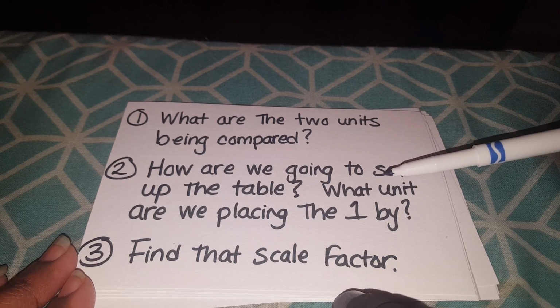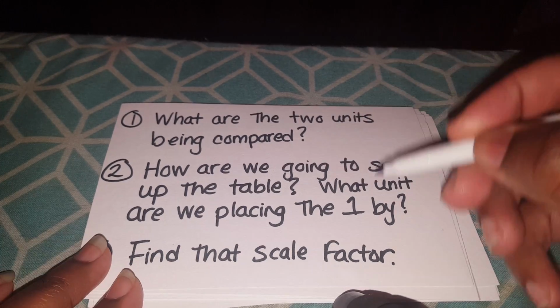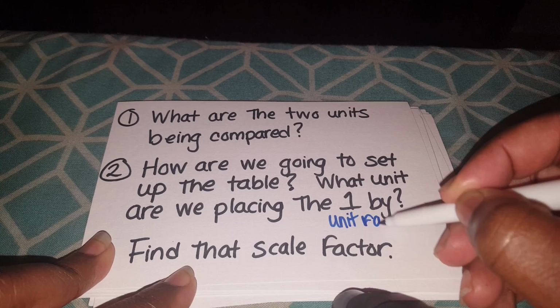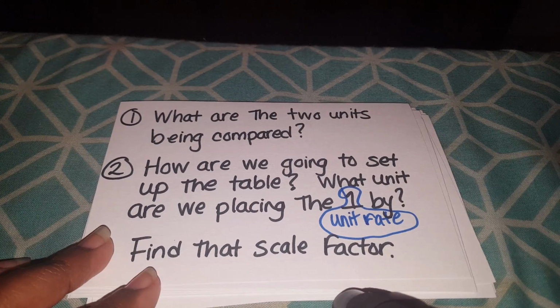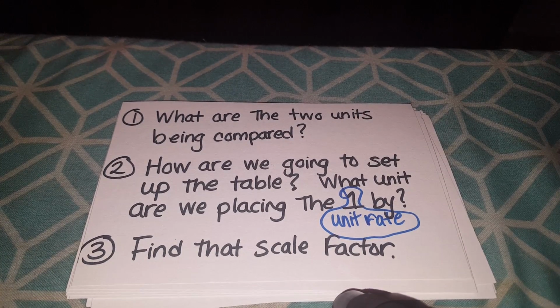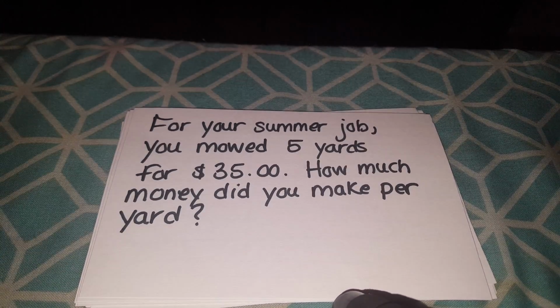How are we going to set up the table? What unit are we going to place the 1 by since we're finding unit rate? This 1 belongs to the unit rate. And then we're going to find that scale factor that we're going to multiply by to get from one side of the table to the other. I'm going to constantly be bringing that back and forth.